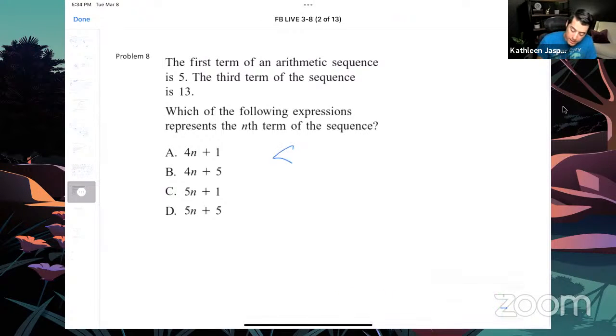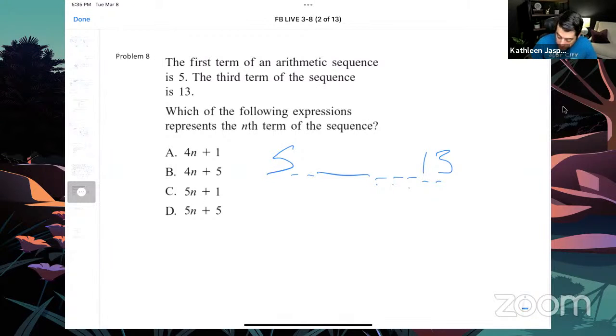If I have 5 here, and then I have a blank, and then I have 13 here, we need to find essentially the midpoint. You need to figure out which one is in the middle. So if I have 5 and I've got 6, 7, 8, 9, 10, 11, 12, 13, that's 1, 2, 3, 4, 5, 6, 7, 8.